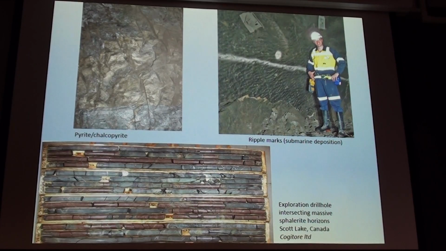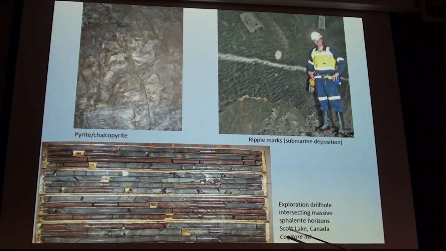And that's just a picture of a massive pyrite, chalcopyrite band. And well, I probably obviously thought that the ripple marks were more impressive than the massive ores, because I was smiling from them.